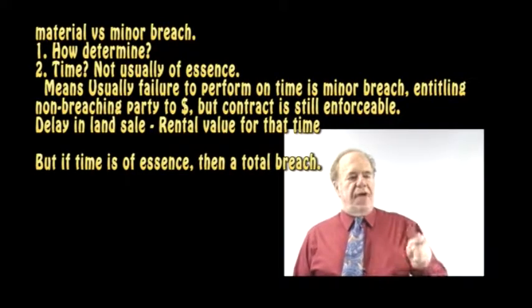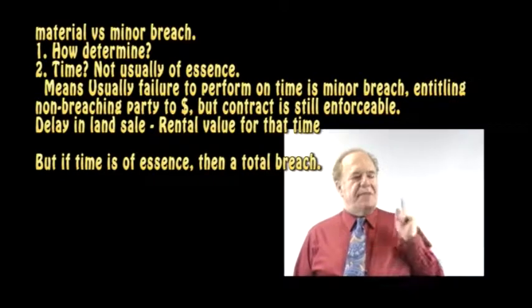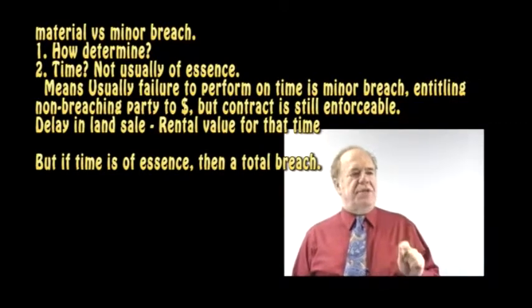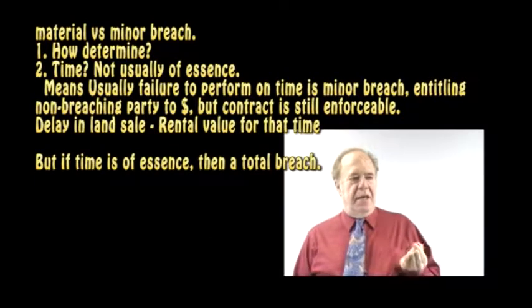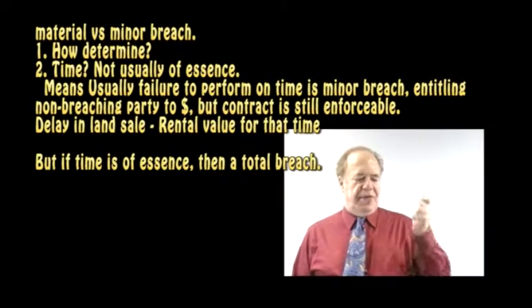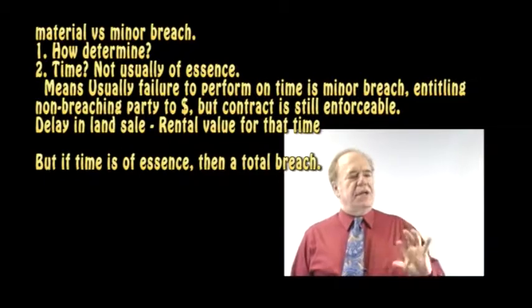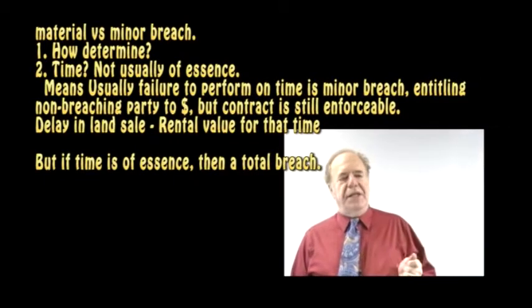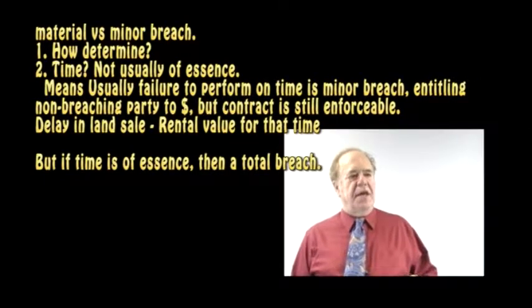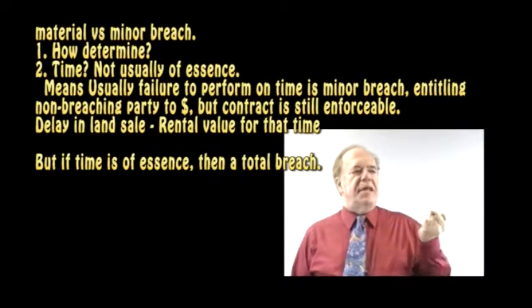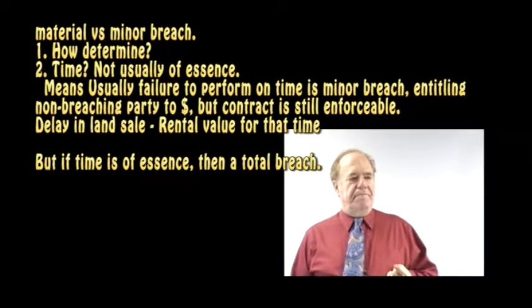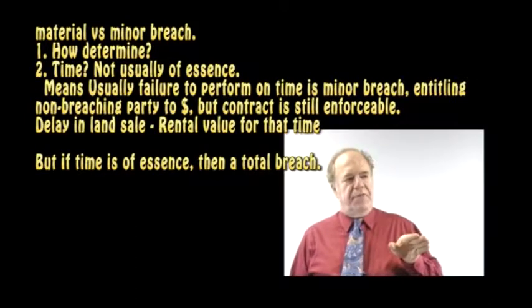Generally, failure to perform on time is a minor breach, not a material breach, unless time is made expressly of the essence under this contract, or unless the circumstances are such as to make it clear that time was of the essence. Failure to perform on time only allows for damages for the delay. Contract for the sale of land, closing was to be on June the 15th.